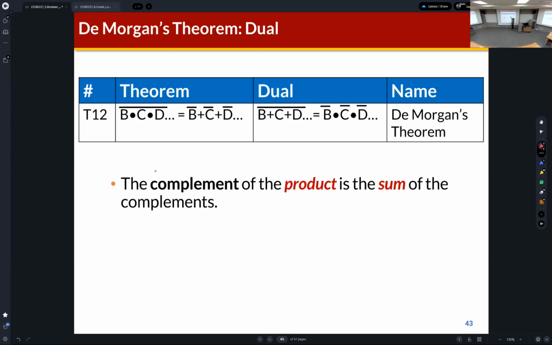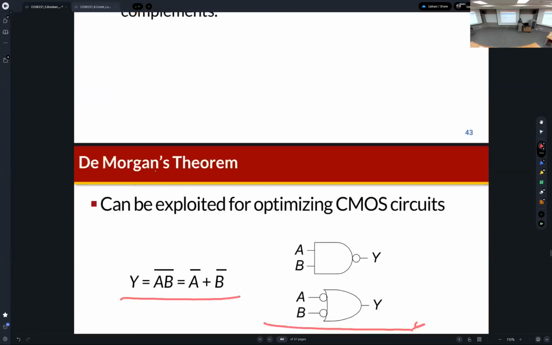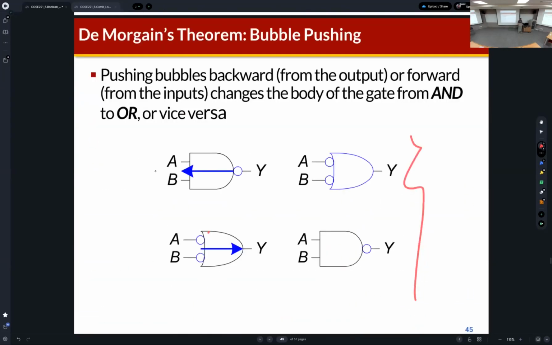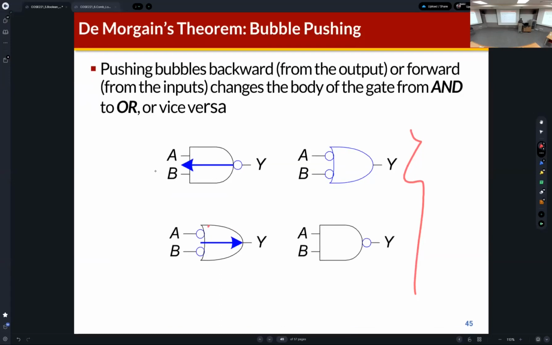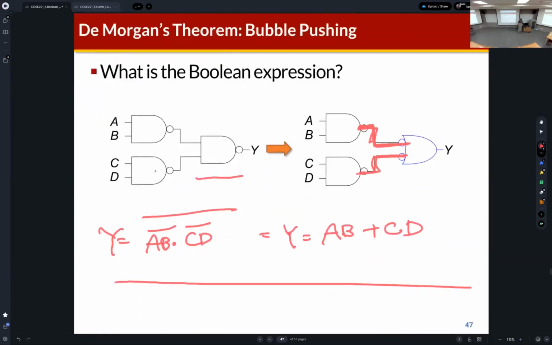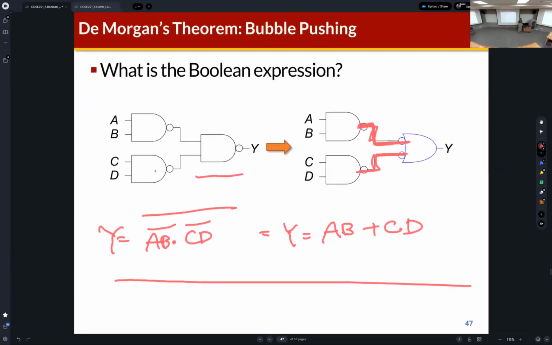The inverse process is the same. It's called the dual. So we can apply the same theorem to the OR gate. I will mention the Morgan theorem in today's class again. Those are what we learned in the previous class.